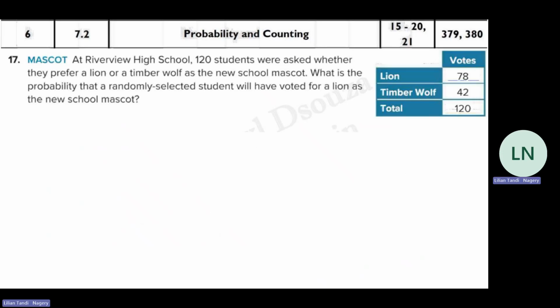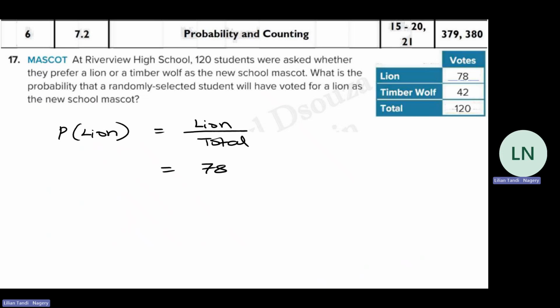At Riverview High School, 120 students were asked whether they prefer a lion or a timber wolf as the new school mascot. What is the probability that a randomly selected student will have voted for lion as the school mascot? Probability of lion equals lion over total.